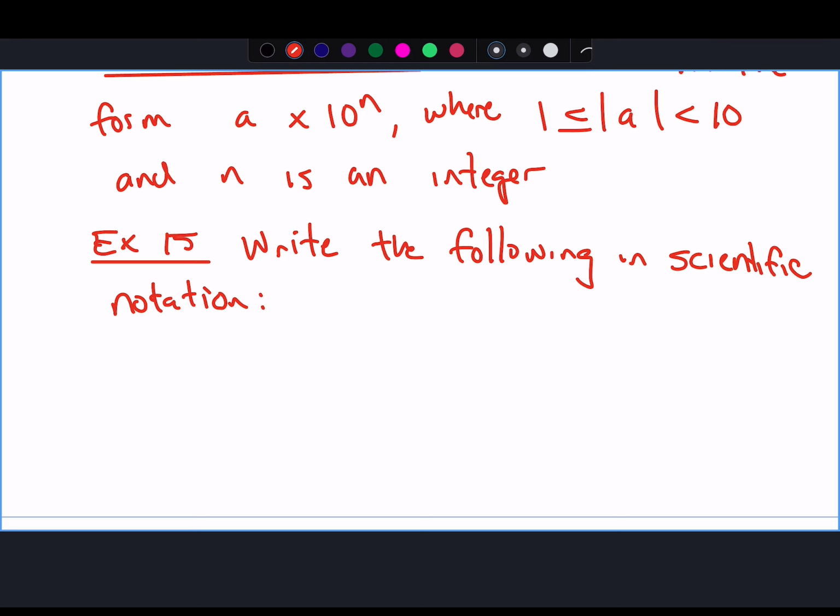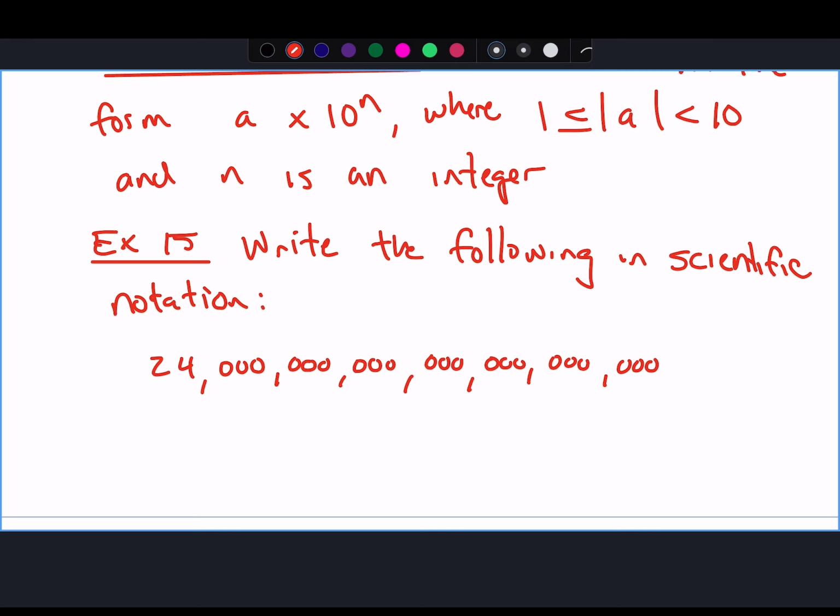And our number, that's a lot of zeros, right? There's 21 zeros, by the way.